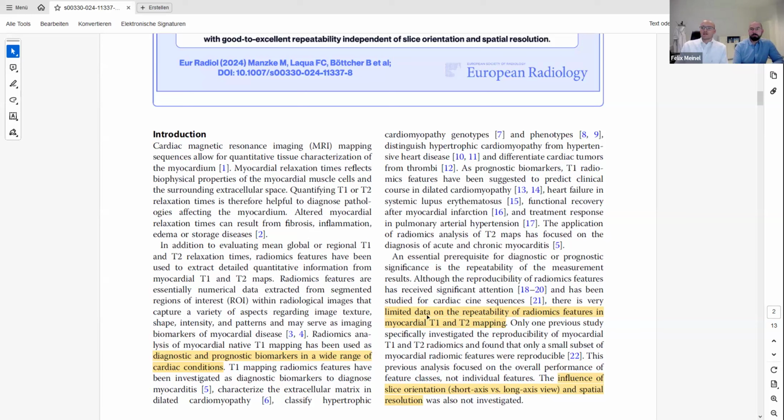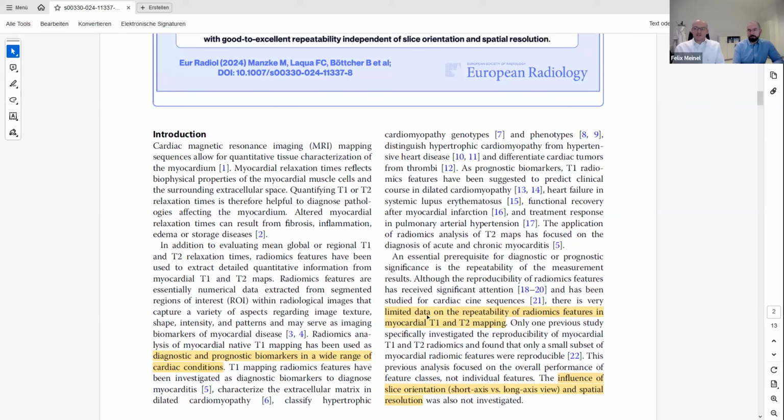So that's really the main point of the study, to look at the repeatability of radiomic features in myocardial T1 and T2 mapping using a cohort of individuals who were scanned with two identical CMR scans on the same day. And we were also interested to see if the slice orientation, so using short axis versus long axis mapping, and the spatial resolution would have an effect on this reproducibility.